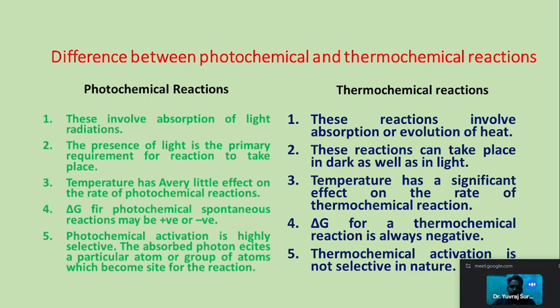The photochemical reaction is carried out in the presence of light; light is required for a photochemical reaction, while thermochemical reactions take place in the dark as well as in light conditions.